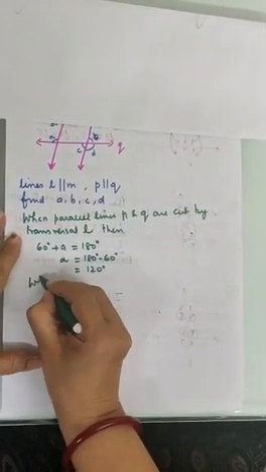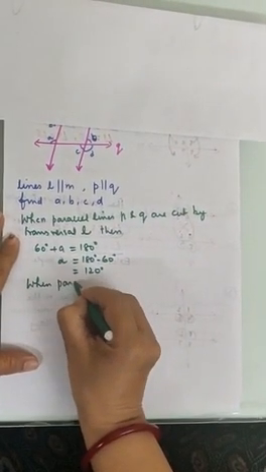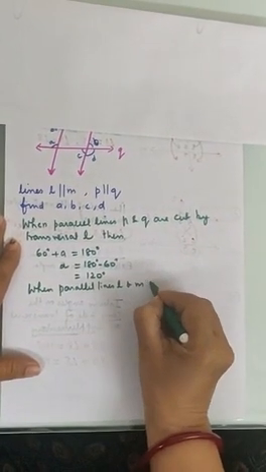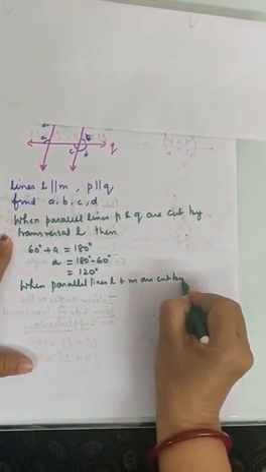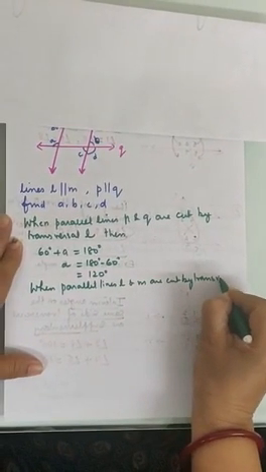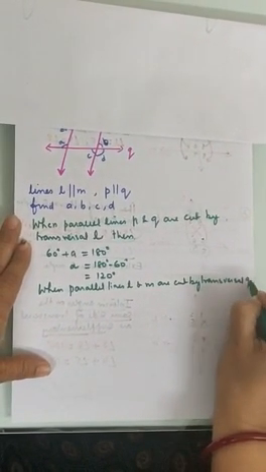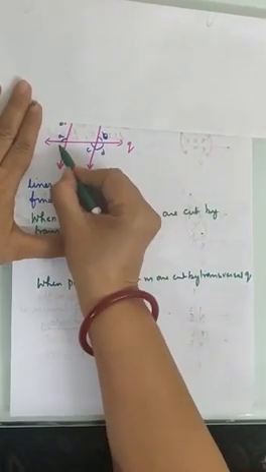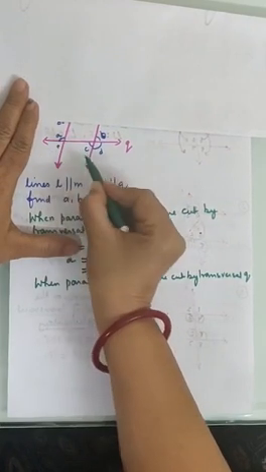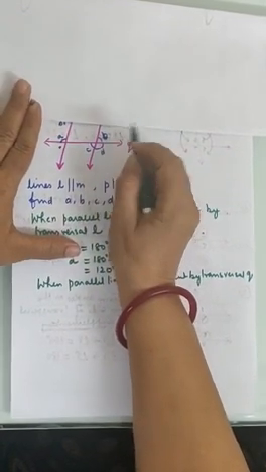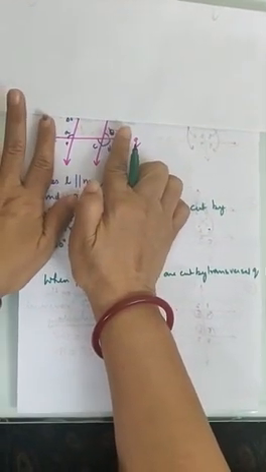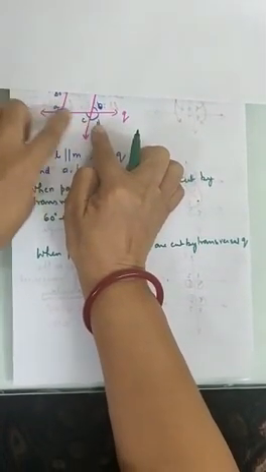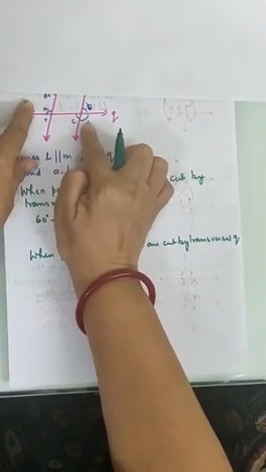Now when parallel lines L and M are cut by transversal Q, now you see here, this angle, this angle, this angle and this angle, they are exterior angles. Now this and this, you see, cross, they are alternate exterior angles.